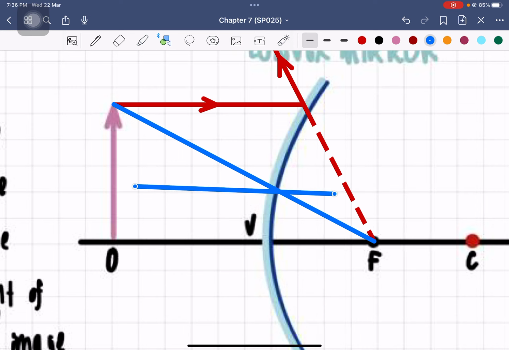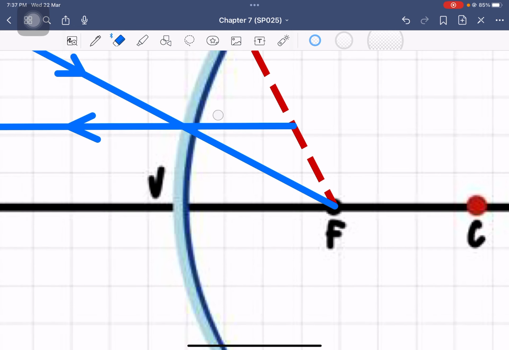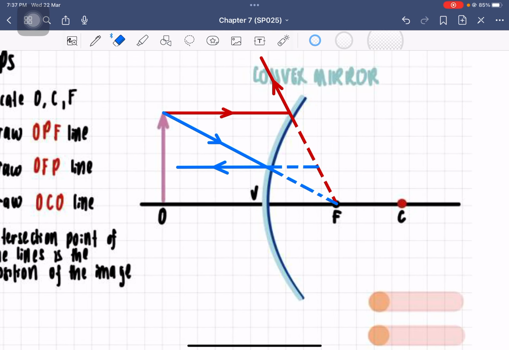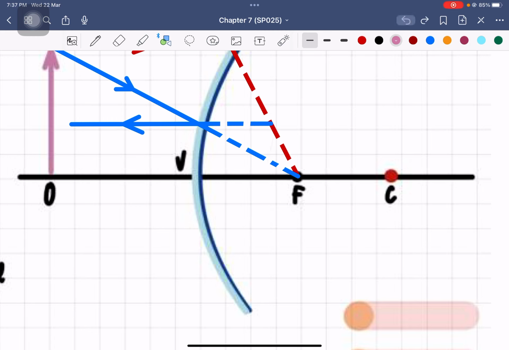So we're just going to extend it up till it intersects with the first line, right? So this is like that, this is that arrow, and then just do a dashed line here. Okay, so basically we've figured out which point is the intersection of the image. It is this one here. So this is the position of the image.